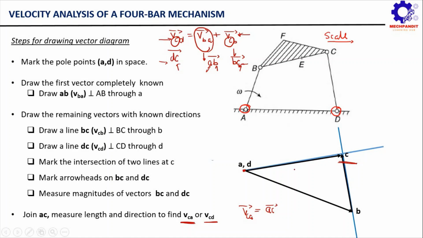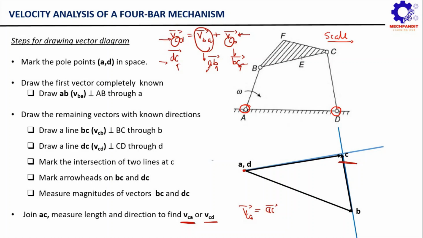Now here you can see we know the direction of this VCA vector also. You can see that this VCA vector is pointing towards the right side, correct? So this is how we can figure out the absolute velocity of point C using the vector diagram approach, correct?